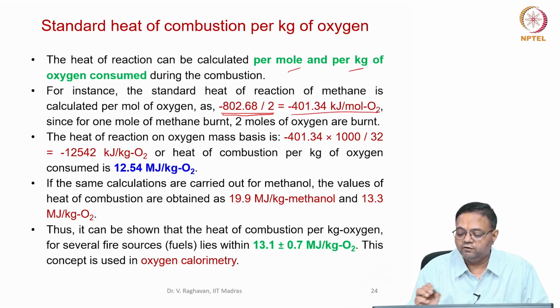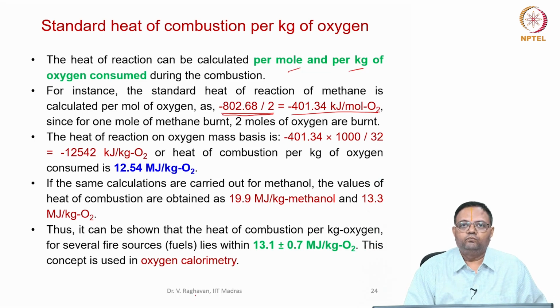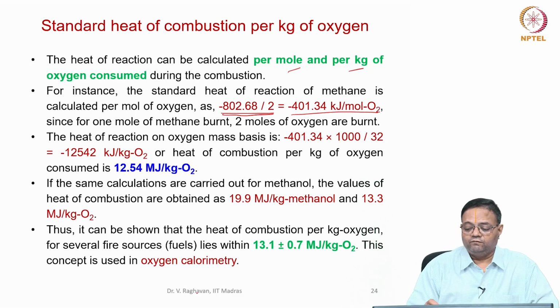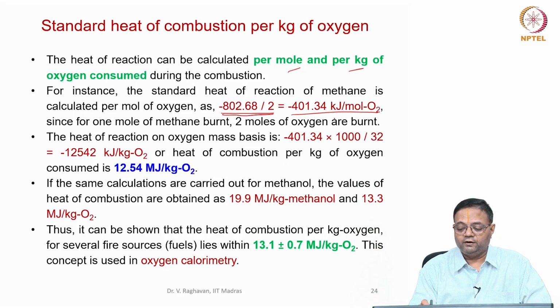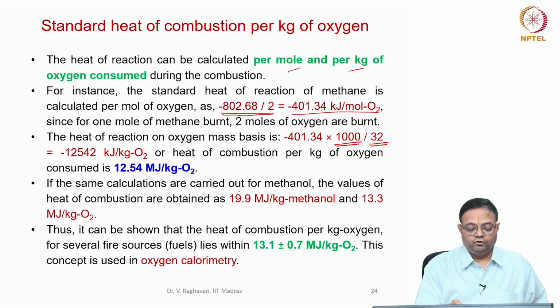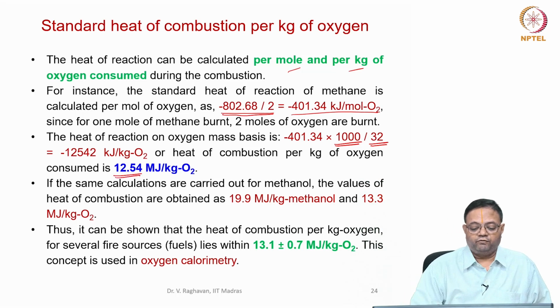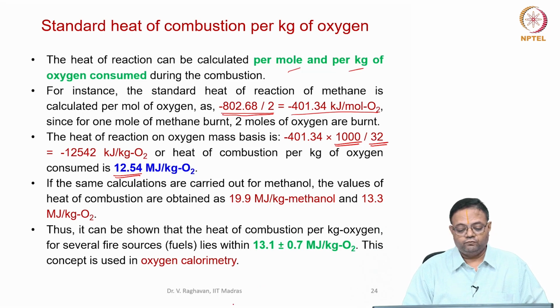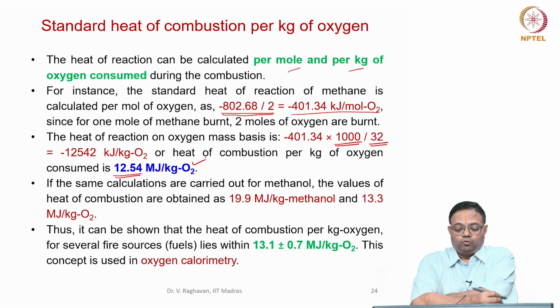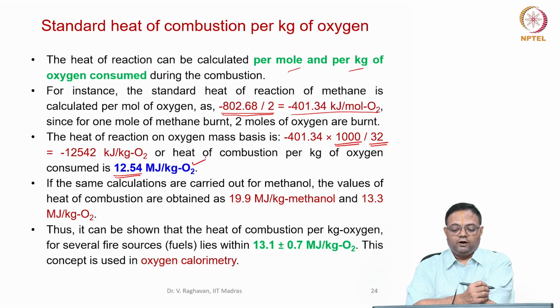So, that is what I have written here. Because of the reaction itself, CH4 plus 2O2 giving the products, correct? Now I can convert this into per kg of O2. Again same thing, mole to kilomole multiplied by 1000 divided by the molecular weight to go from kilomole to kg. So, I get 12.54 megajoules of heat of reaction per kg of O2. Do you understand?